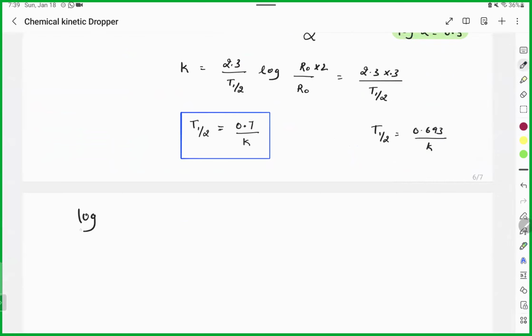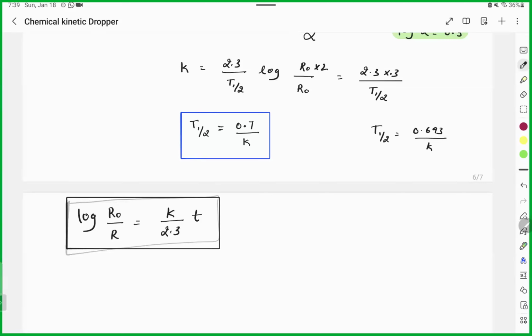Log R naught by R is equal to K by 2.303 into T. If you take this equation and you want to draw a graph, it is y is equal to mx, and here you don't have any c, correct?